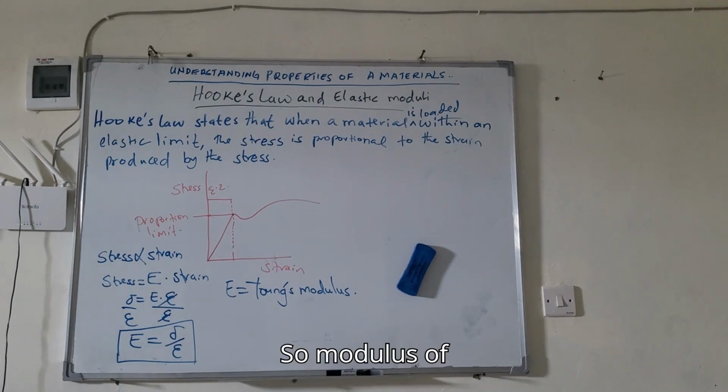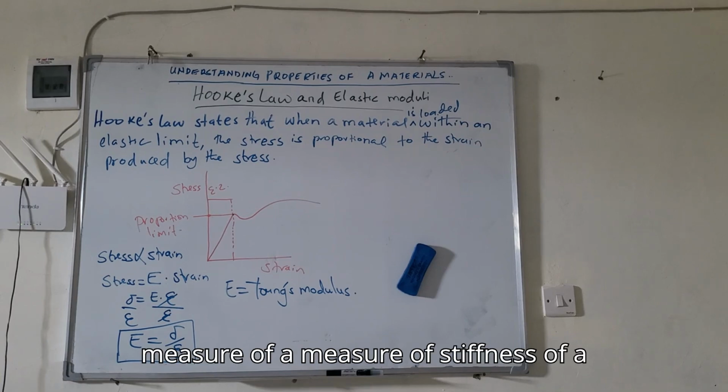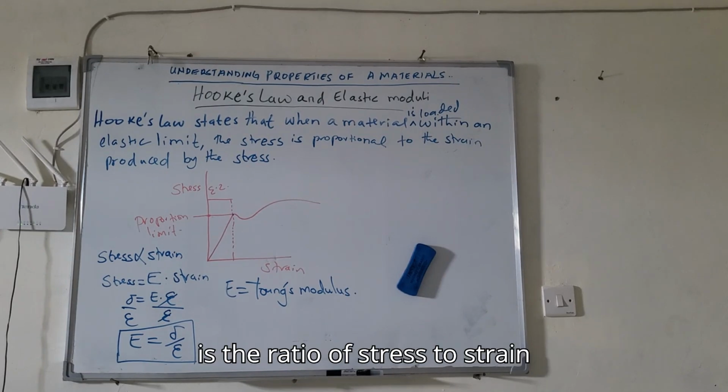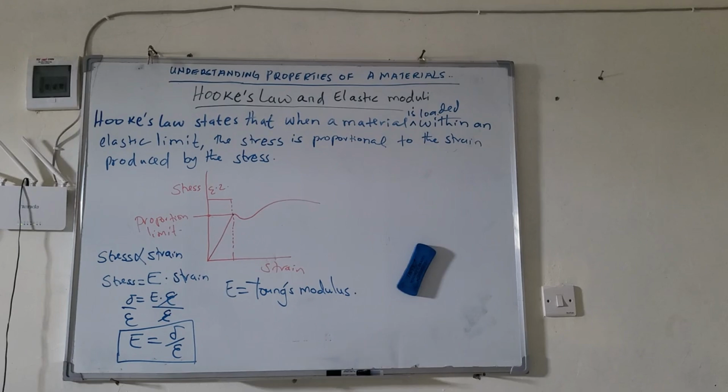So modulus of elasticity is defined as a measure of stiffness of a material, and is the ratio of stress to strain in a material within an elastic limit. So what is Young's modulus?